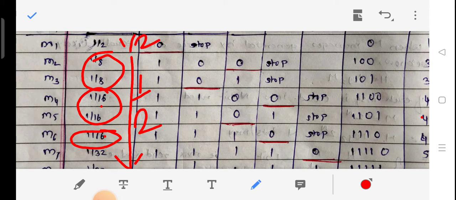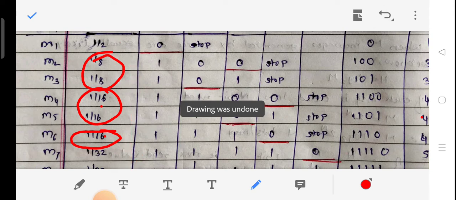So we have two sets here. In the upper set we have message M1 with probability 1/2, and in the lower set we have all the messages from M2 to M8, whose total probability we get as 1/2. So we can divide the given messages into two sets with equal probability of 1/2.